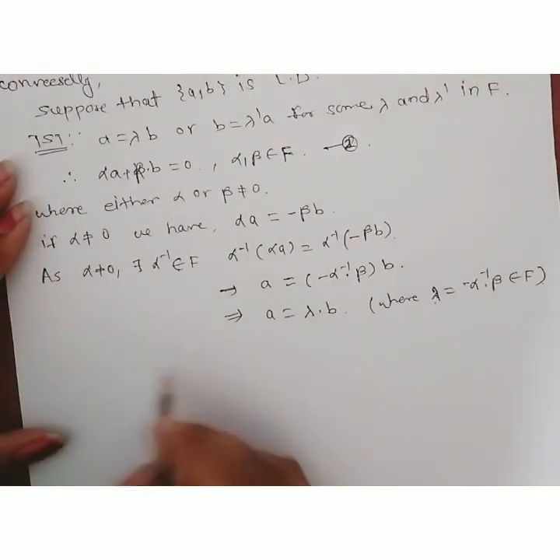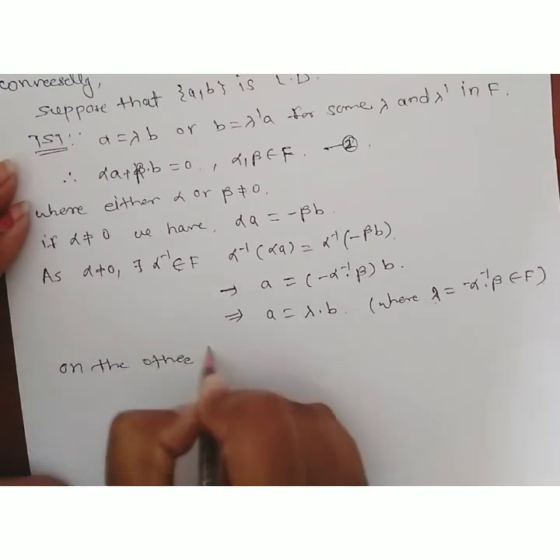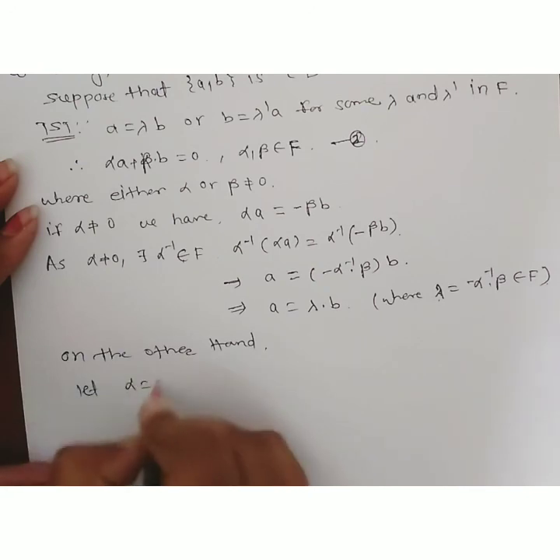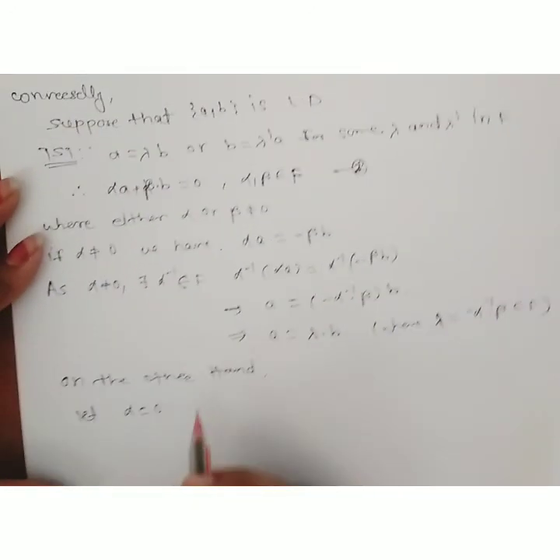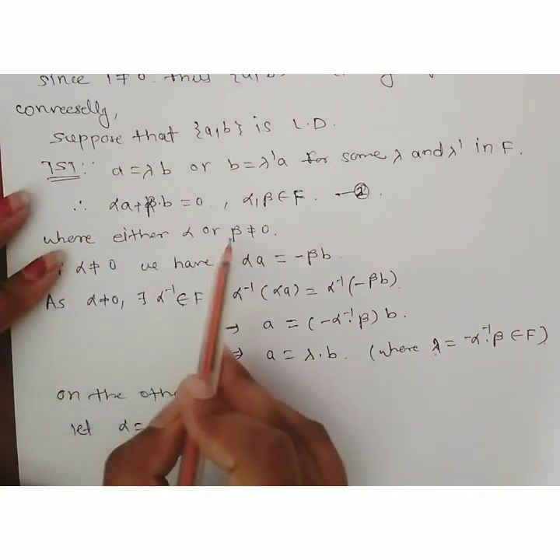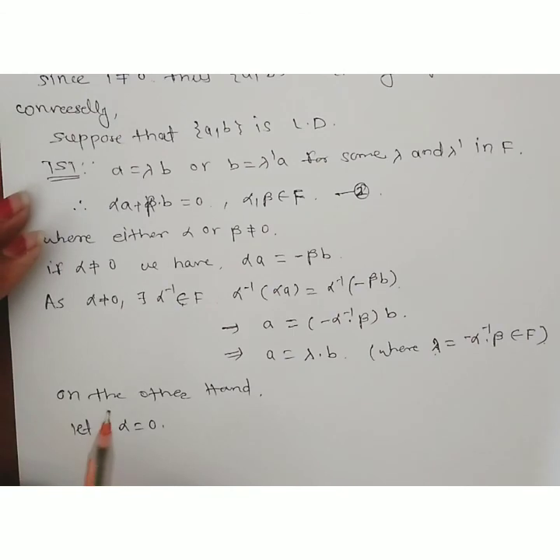Now on the other hand, in the first condition we took either alpha or beta as non-zero, and in that case we considered alpha as a non-zero element.